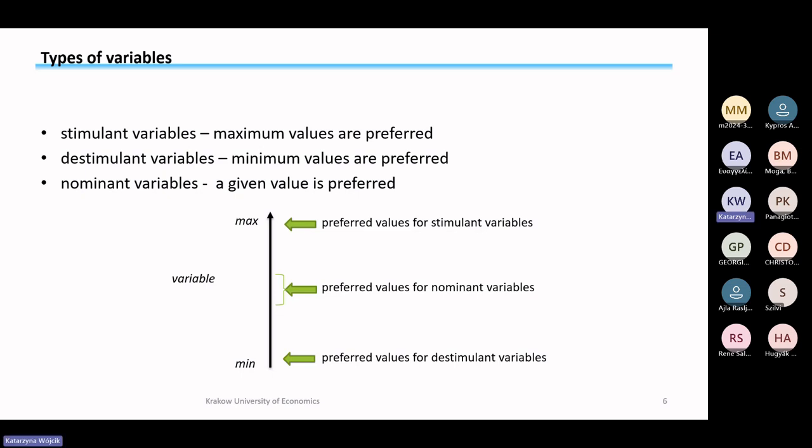But there is definitely some feature of a car that we want to have the minimum value, not the maximum. Any ideas, when we are buying a car, which parameter we want to have the lowest value?